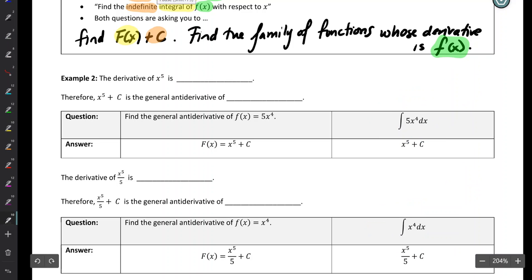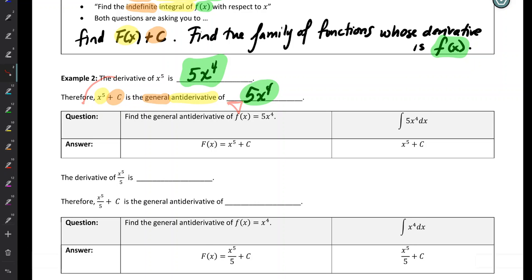So, moving in the differentiation direction, the derivative of x to the fifth is 5x to the fourth. So x to the fifth plus any constant is a general antiderivative of what? Of 5x to the fourth. Why? Because when I take the derivative of my general antiderivative, I get f of x. When I take the derivative of yellow plus orange, I get green plus 0, which is green.